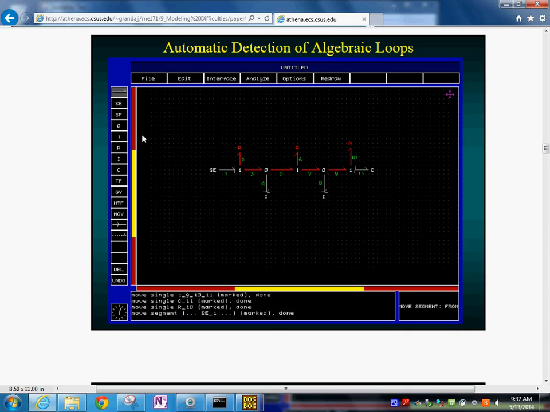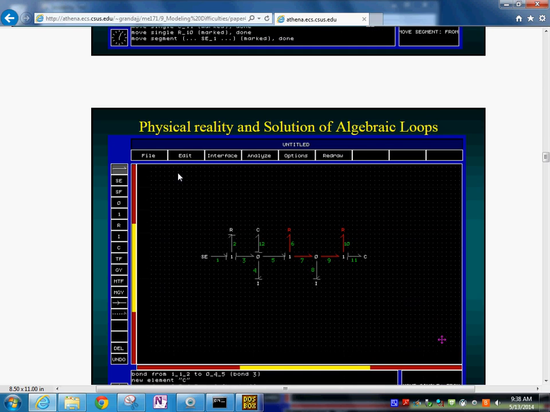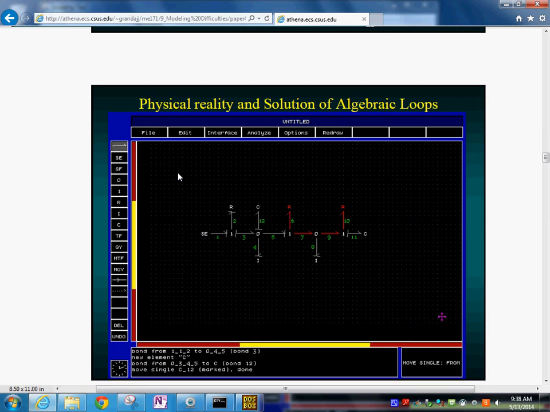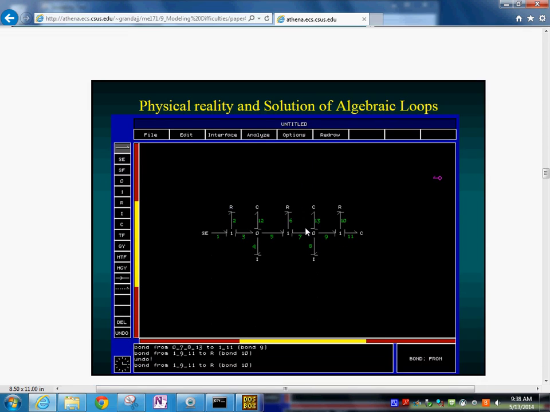Now, notice here, if we assign the causal marks in here, if you assign it here, you'll solve one of these. And if you assign to the other, you will solve this whole thing.